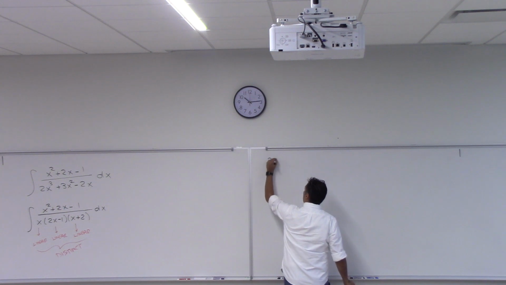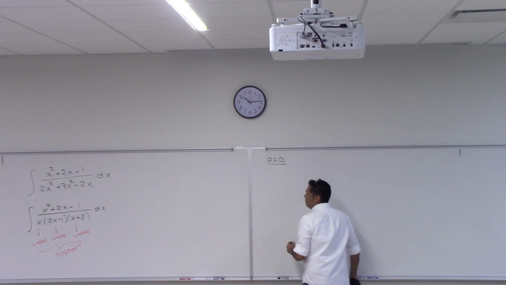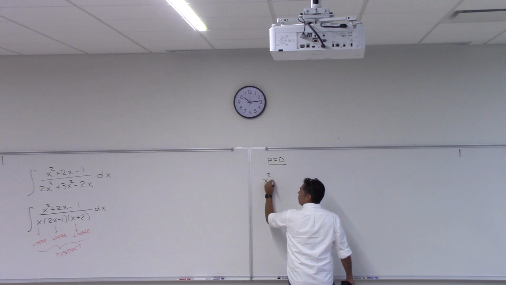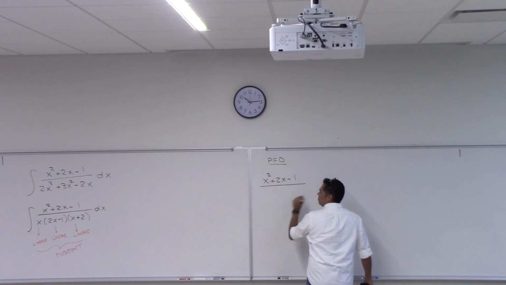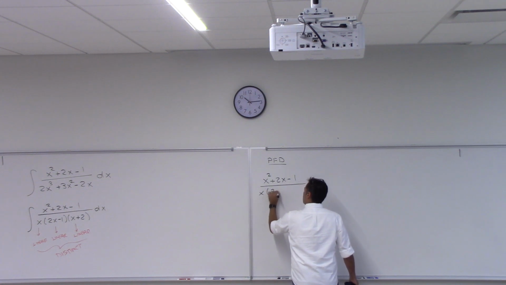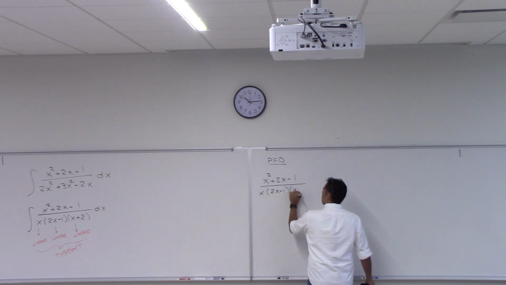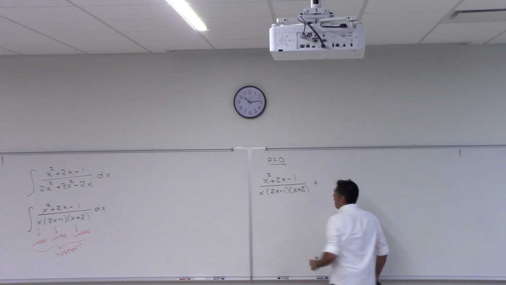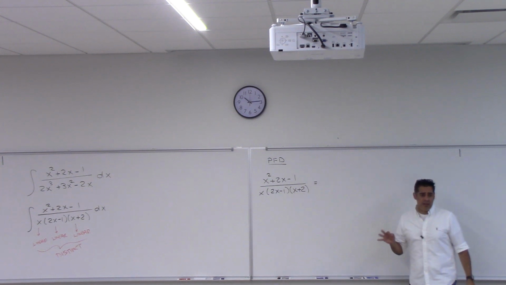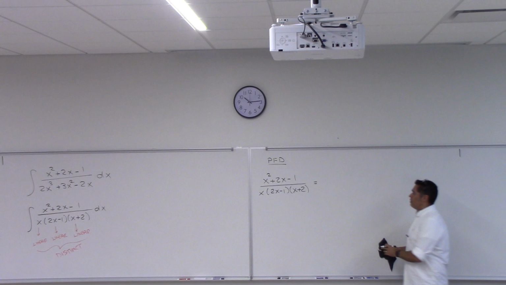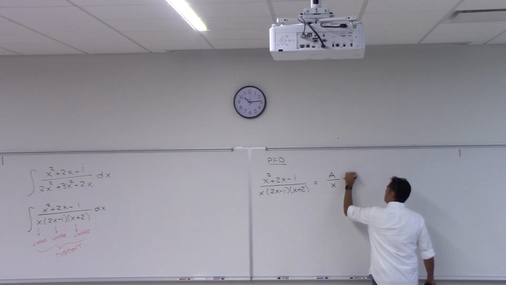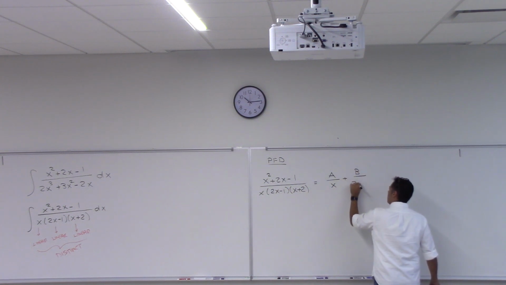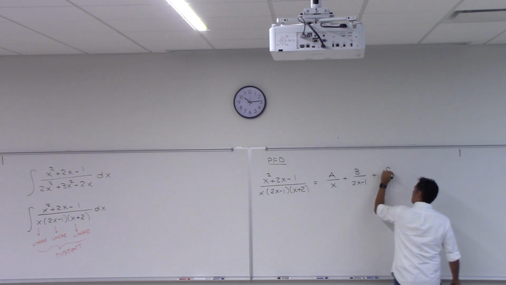Here's my partial fraction decomposition step. I'm going to write the original integrand. I'm not working with the integral sign right now. I'm just going to do some algebra over here. What I know from last class is that if I have three distinct linear factors, then the partial fraction decomposition will have three fractions: A over the first distinct linear factor, plus B over the second, plus C over the third.